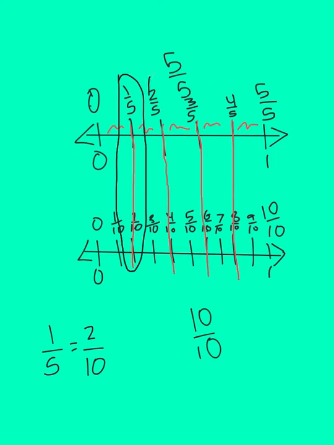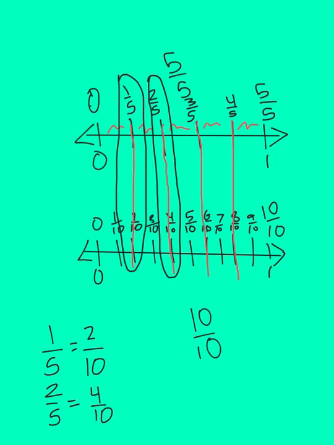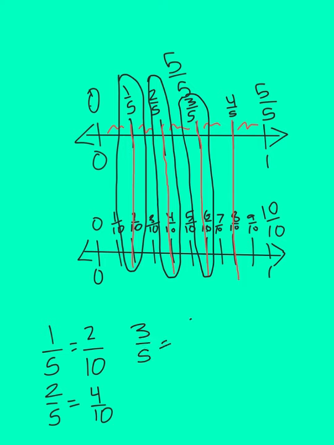And then we can see that 2/5 is equivalent to 4/10 right there. So 2/5 is equivalent to 4/10. And then you can find some more. 3/5 is equivalent to 6/10. And then 4/5 is equivalent to 8/10.